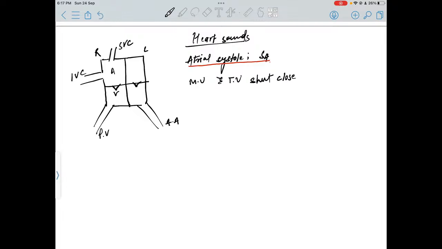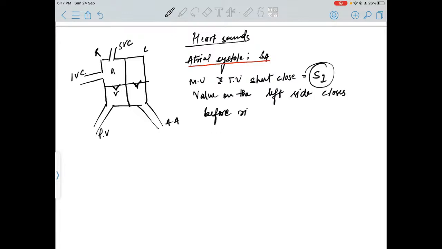The sound that comes is S1, which is the first heart sound that we hear. Also, the valve on the left side closes before the right side. Fine. So we have the S4 sound, we have the S1 sound.